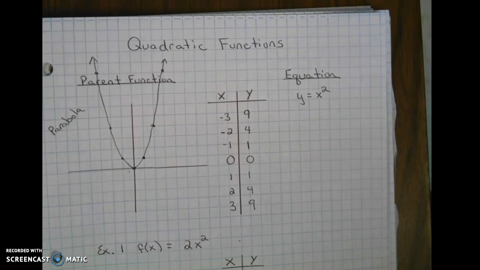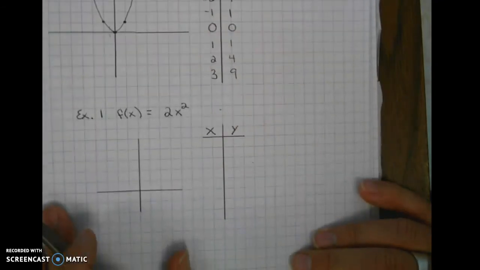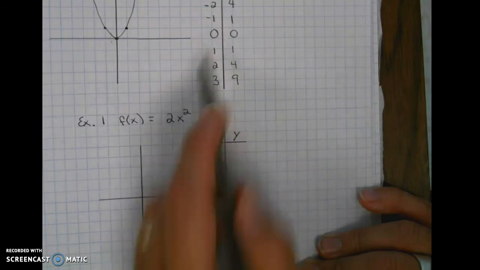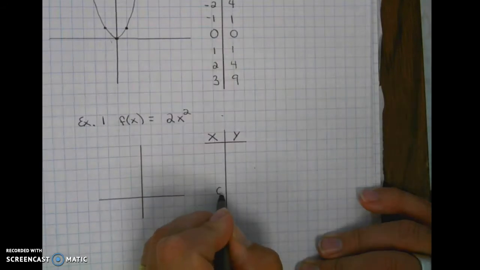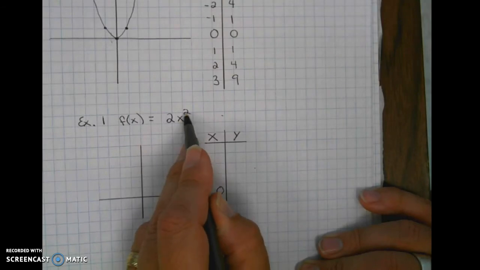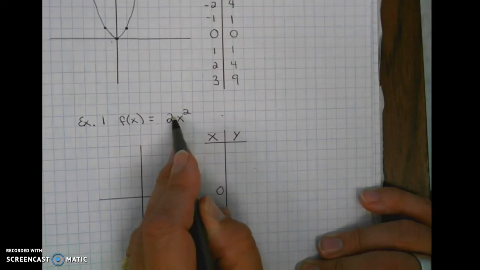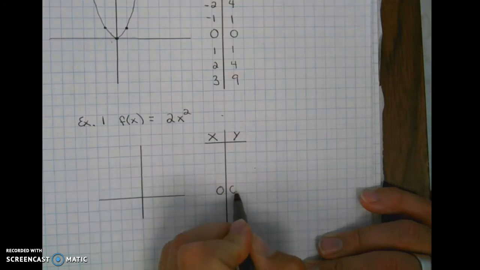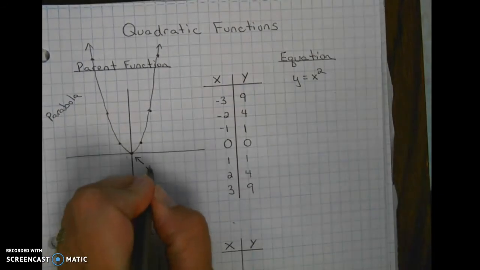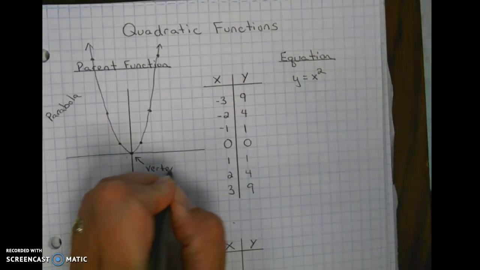Well, let's find out. Let's first of all start off with our original point at 0. Our origin, we plug 0 in for x. 0 squared is 0. 0 times 2, 0. So our vertex point, that's the name of this point here, our vertex is going to stay the same.